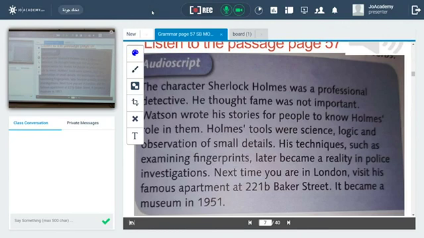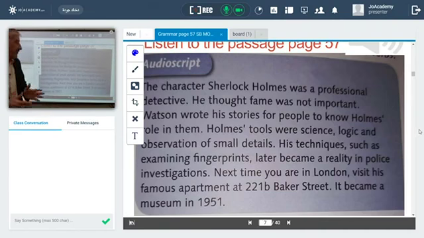Holmes' tools were science, logic, and observation of small details. His techniques, such as examining fingerprints, later became a reality in police investigations. Next time you are in London, visit his famous apartment at 221B Baker Street. It became a museum in 1951.